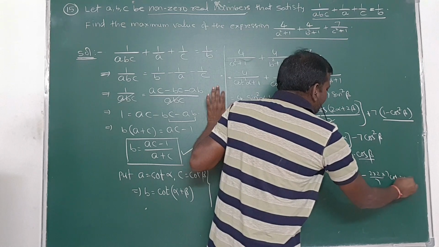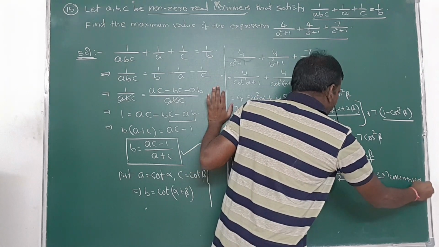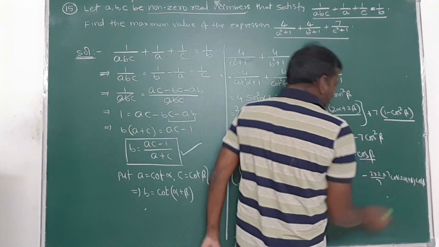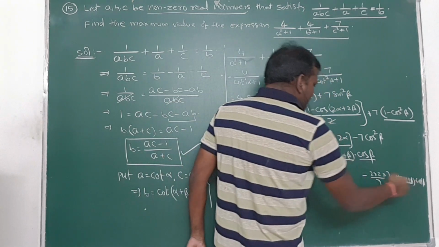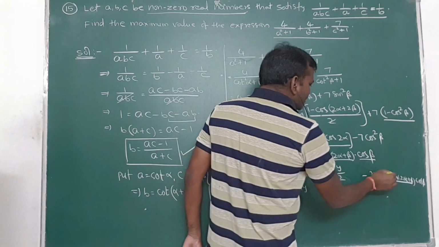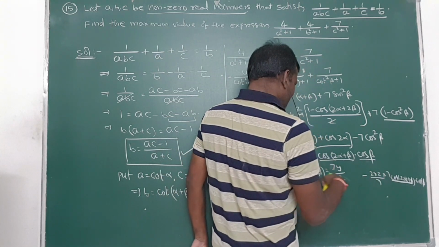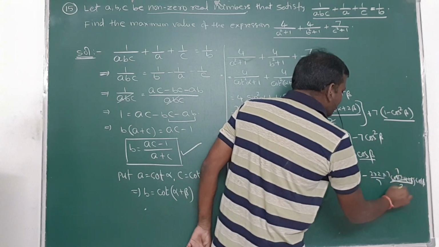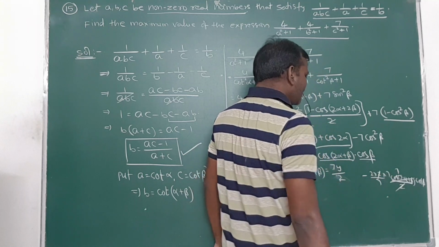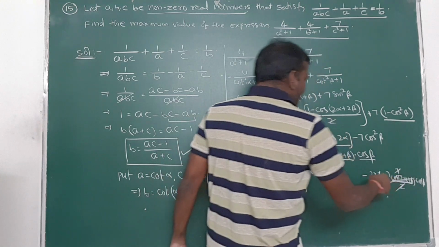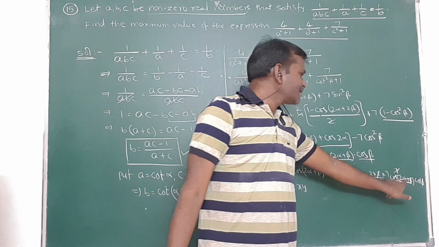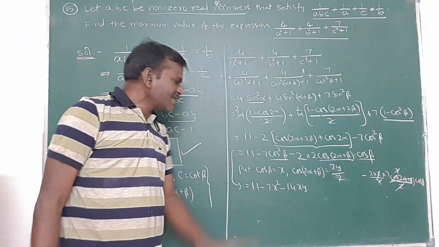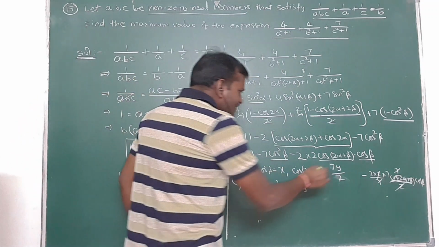Cos of 2 alpha plus beta is 7y by 2. In this place, if I substitute 7y by 2, 2 and 2 get cancelled, and 7 and 7 get cancelled. I am getting minus 14, this is y and this is x. So minus 14xy. Why I substituted, this is the important thing.